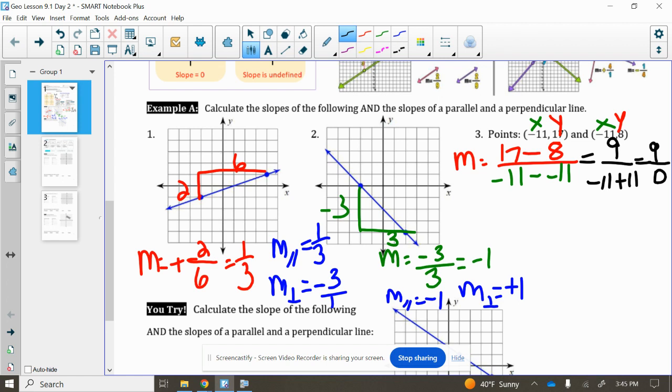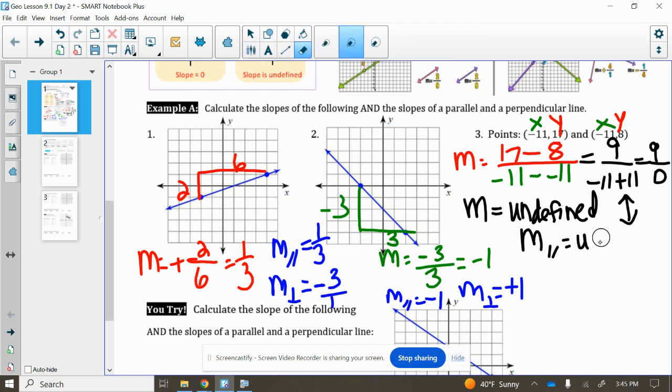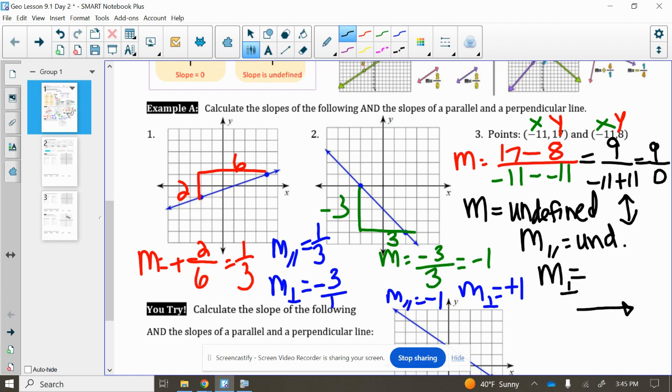Well, anytime we are dividing by 0, what happens to our slope is it becomes undefined because we cannot divide by 0. This is actually just going to be an example of a vertical line, which means the slope of a line parallel to that is also going to be undefined, right? Because that would also be another vertical line. The slope of a perpendicular line would have to be that of a horizontal line, so its slope would end up being just 0. Okay, so that's kind of the unique thing about parallel and perpendicular for vertical and horizontal lines.